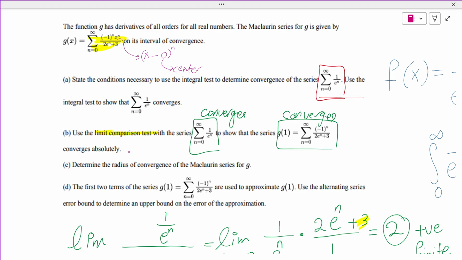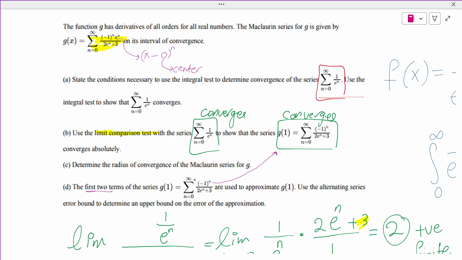So how many terms are we adding here? We are adding 2 terms, and this series is an alternating series and it converges, right? If the series converges and it's an alternating series, then we can use the alternating series error bound formula.